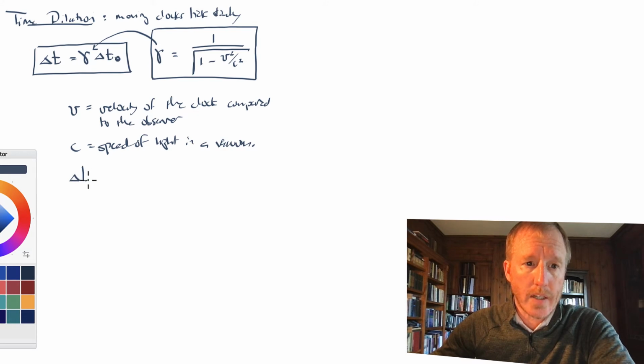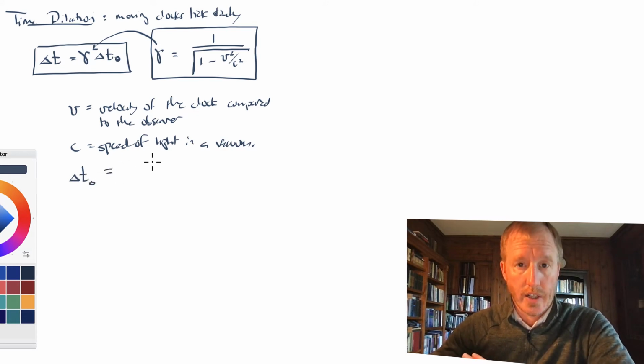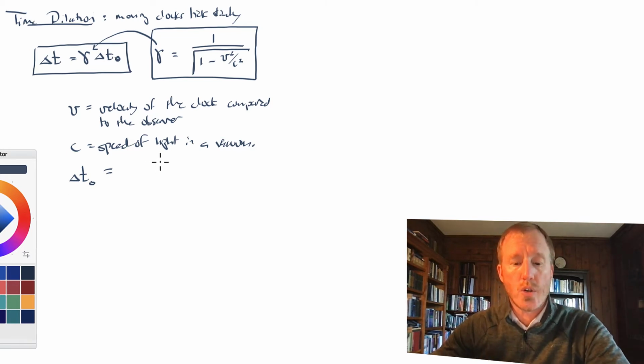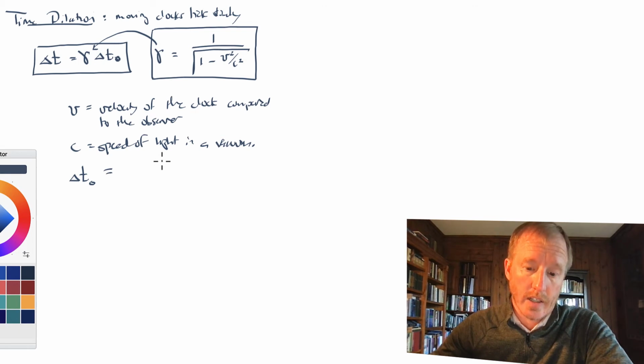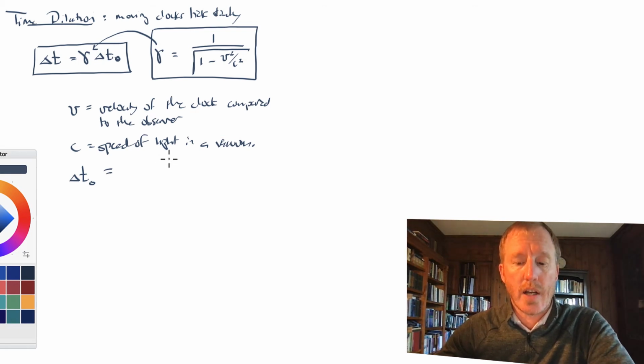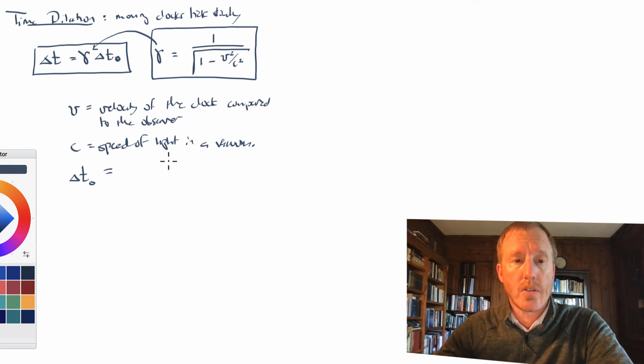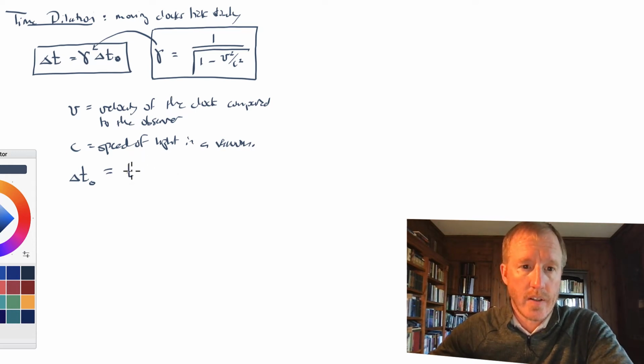So what do we mean by delta t naught? I'm just going to state it here, and I'm going to write it down. Delta t naught is the time between two events, like ticks of a clock, as measured by an observer who sees those events happening at the exact same location. So it is the time elapsed between two events.